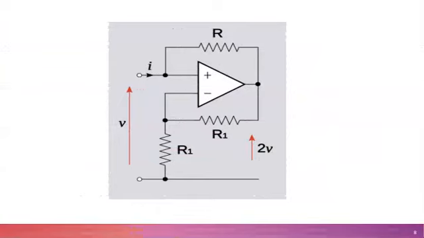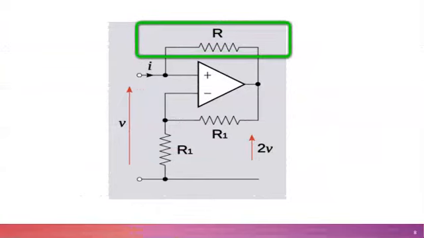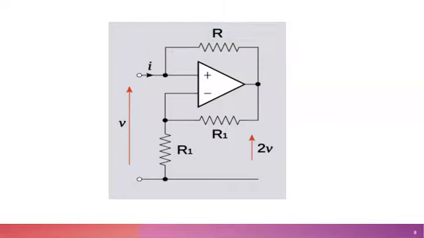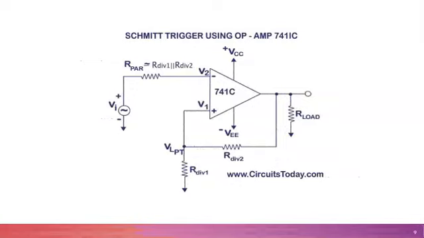Although negative feedback is normally used for analog circuits, there are instances where positive feedback is used. The most common application of this is for comparators, where the output is required at one of two levels. This Schmitt trigger is one example where hysteresis is introduced into the system.